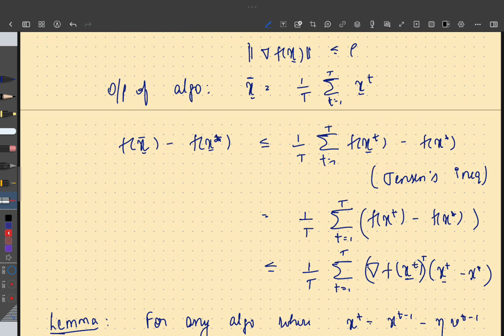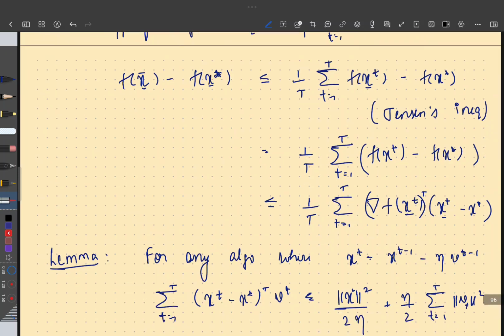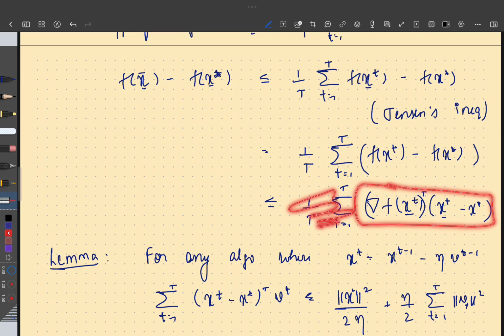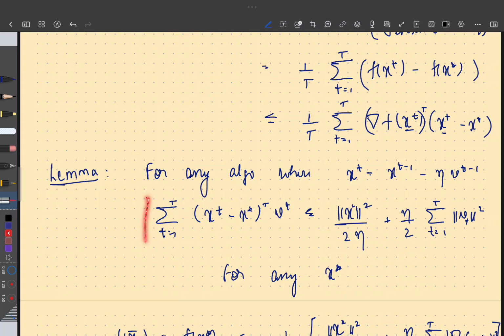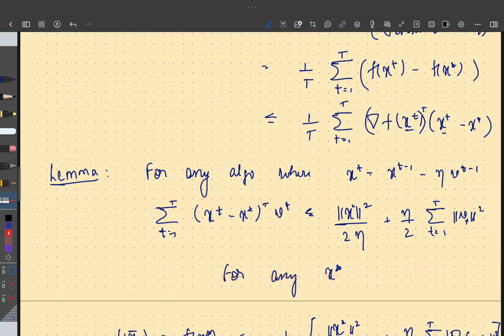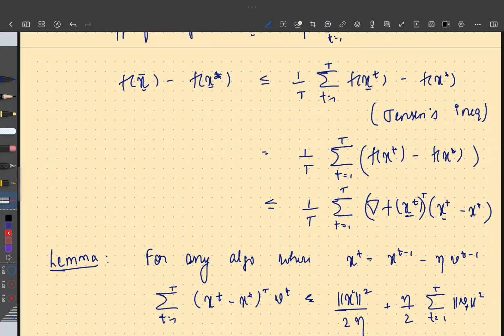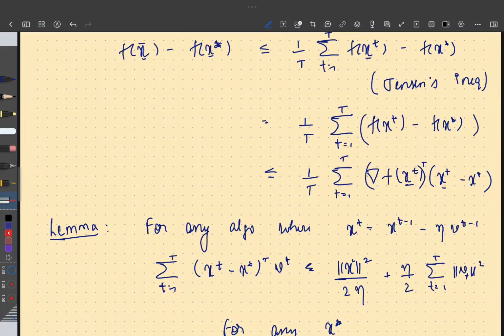Suppose that instead of taking x bar, I just took x_t. Then f of x_t minus f of x star would be equal to just this term without the summation and 1 over T, which means I can't really invoke this particular lemma in its form. So it's just a proof technique, nothing else. In practice, you would not really take the average.